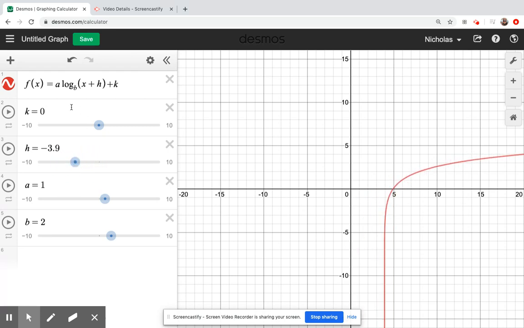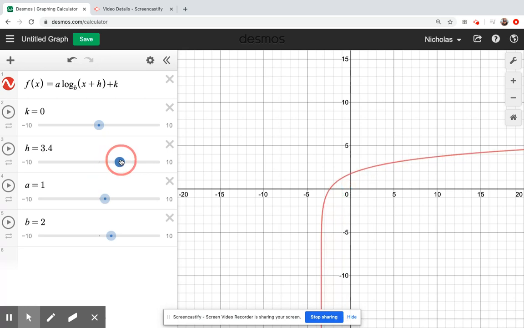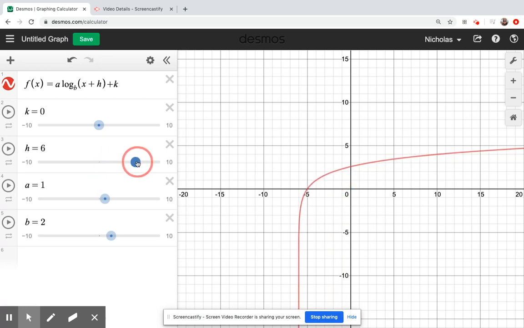Okay, so the letter k made the graph move up and down. The letter h makes it move side to side, or horizontal, right? And just as it always has, h is kind of funky. It does the opposite of what you expect it to. So if you make h positive, it moves the graph to the left.